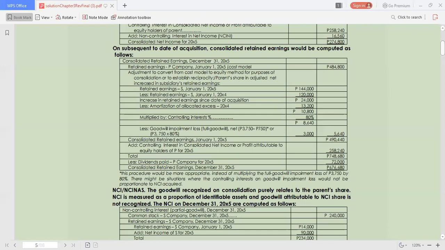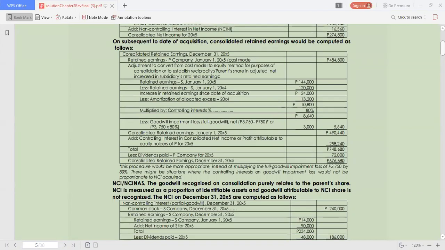This procedure would be more appropriate instead of multiplying the full goodwill impairment loss of 3,750 by 80%. There might be situations where the controlling interest on goodwill impairment loss would not be proportionate to NCI acquired. Now we have the NCI.